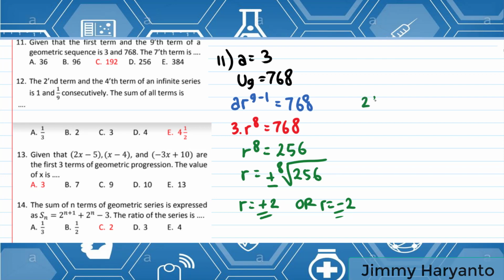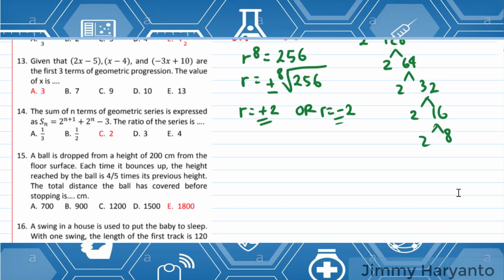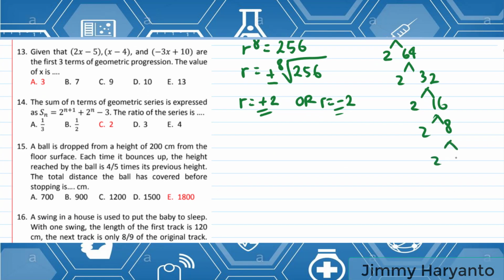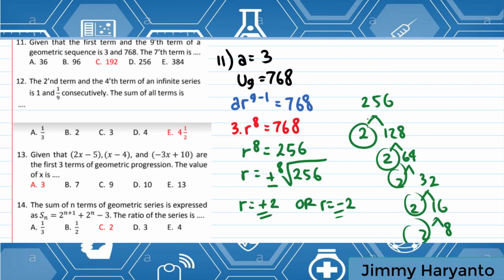Okay, so 256, if we use the tree diagram, it will be 2 times 128, and then 2 times 64, and then 2 times 32, and then 2 times 16, 2 times 8, and then 2 times 4, and then 2 times 2. We can count how many 2s there are. 1, 2, 3, 4, 5, 6, 7, and then 8.